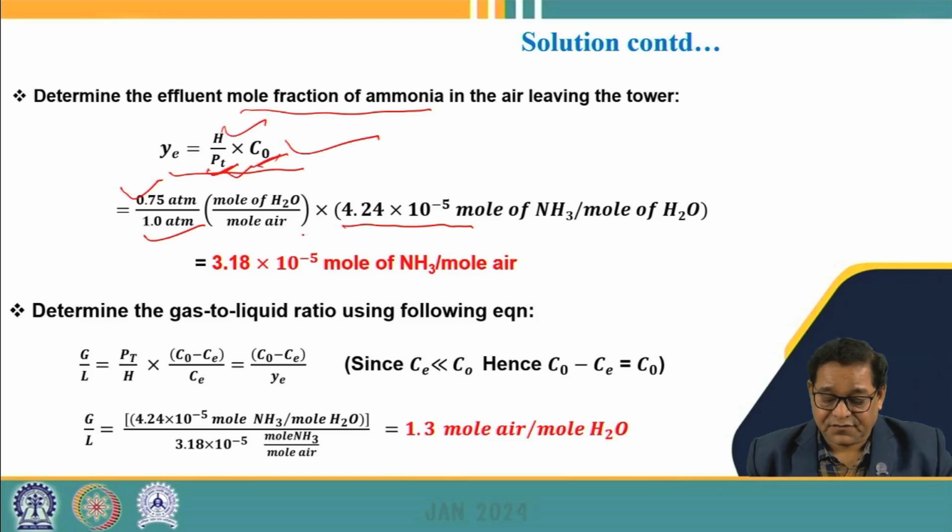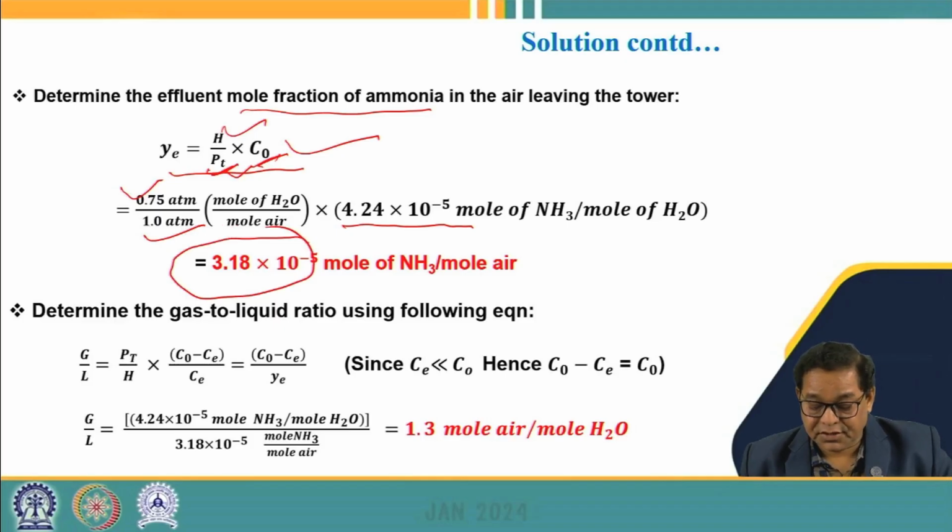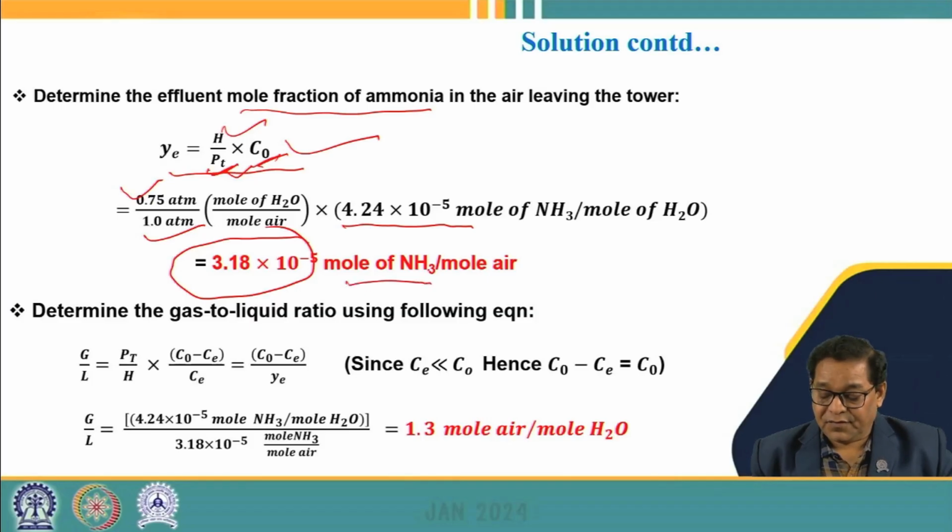By putting this value in this equation, we get the value of the effluent molar concentration of ammonia, which is equal to 3.18 into 10 raised to the power minus 5 moles of ammonia per mole of air.